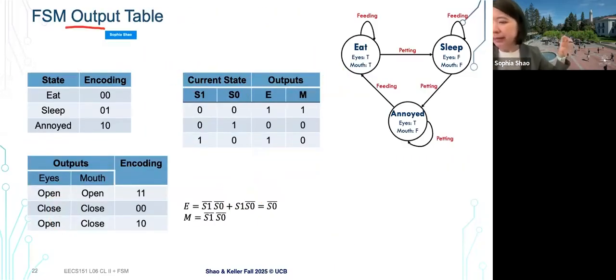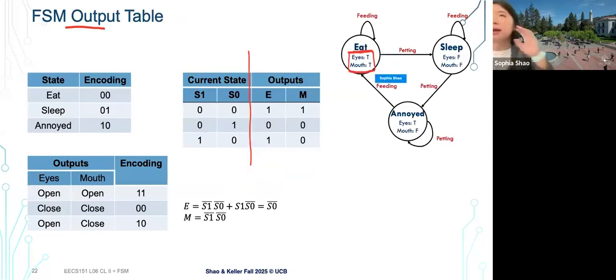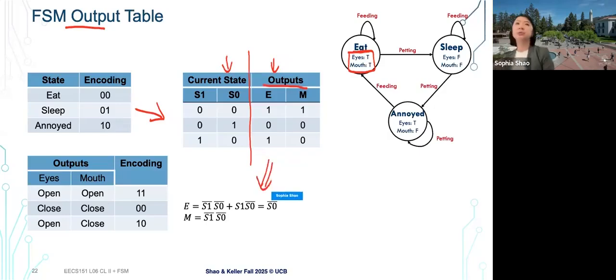The output, we talk about it depends on the current state, right? In the eating state, my externally visible output is whether my eyes are open or not, whether my mouth is open or not, right? We can do the same state encoding. And here we get another truth table, expressing how my output changes based on the current state. And again, from truth table to the simplified logic expression is what we have covered, right?